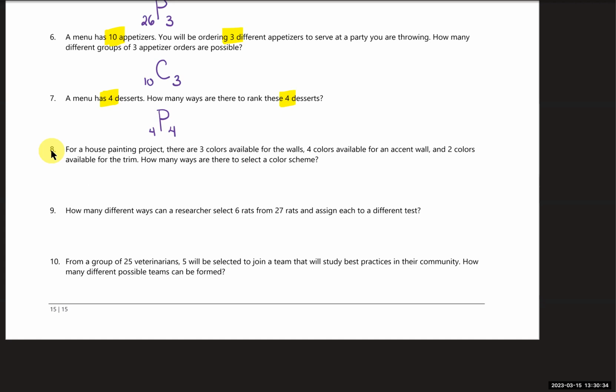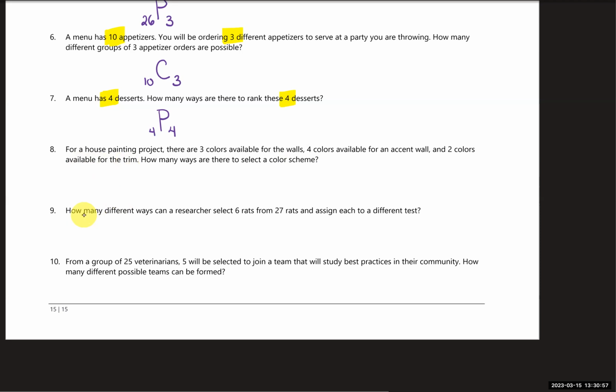All right, so this is not going to be the situation like the 2 above, where we're picking one group from another group. This one is making a sequence of choices. So our sequence of choices will be picking our wall color, our accent wall color, and our trim color.